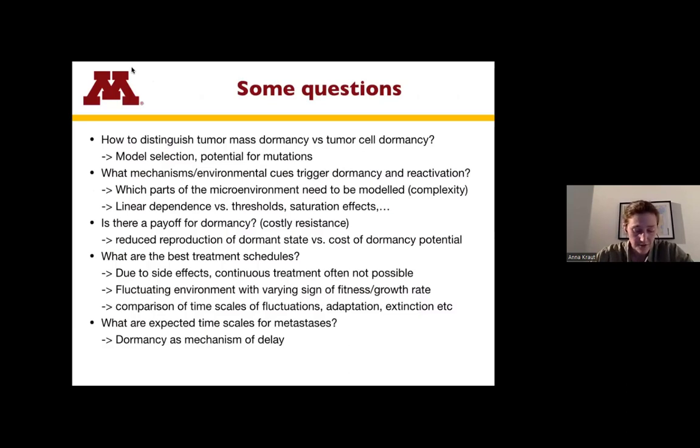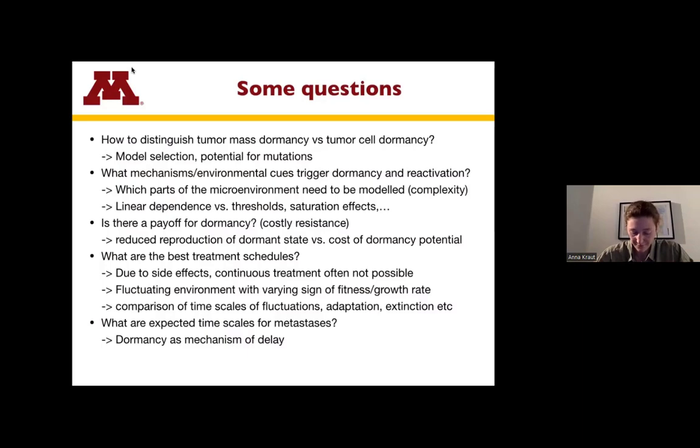So first of all, an important question is how, if we're looking at experimental data, is there a way to distinguish between these two types of dormancy: the tumor mass dormancy that I mentioned in the beginning, where we just have a low equilibrium size, but still proliferation and cell death going on, versus tumor cell dormancy.